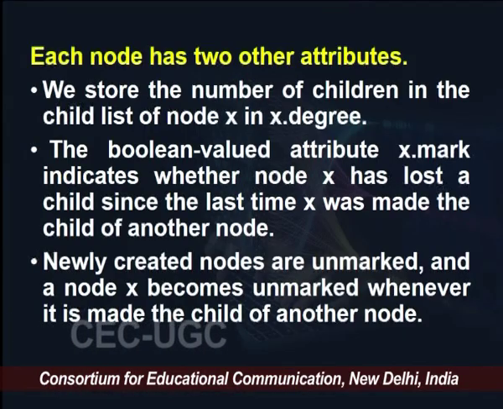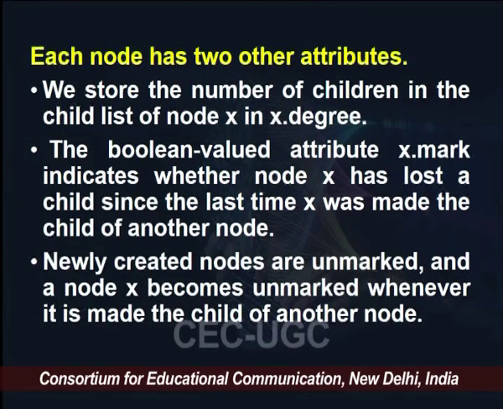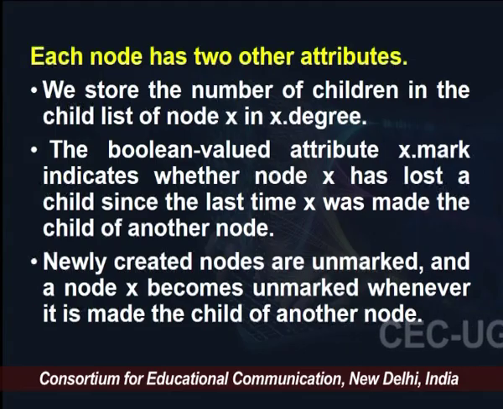This Boolean valued attribute indicates whether this node x has lost a child since the last time x was made the child of another node.